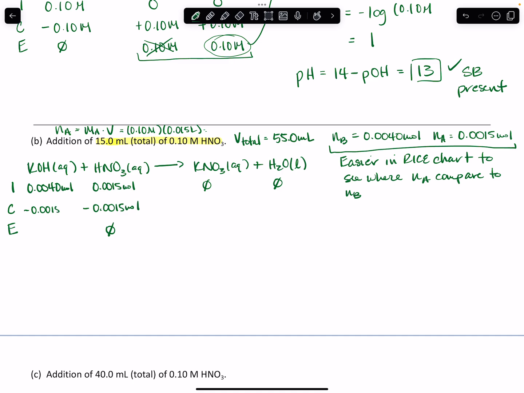I'm going to use up an equal amount of base as part of the reaction, and then I am going to form that amount of my salt and that amount of water. So when I subtract that 0.0015 from that 0.004, that means I have 0.0025 moles left.